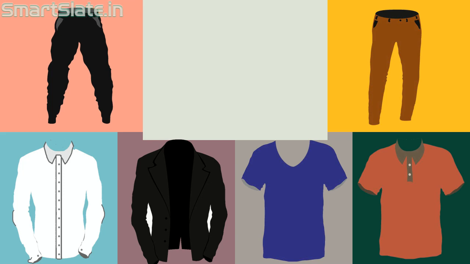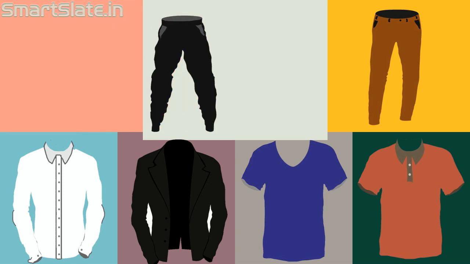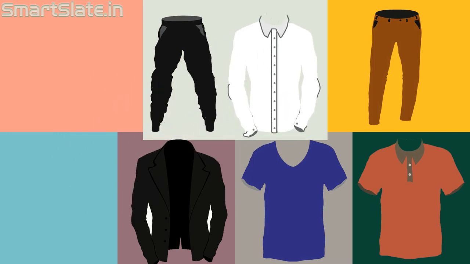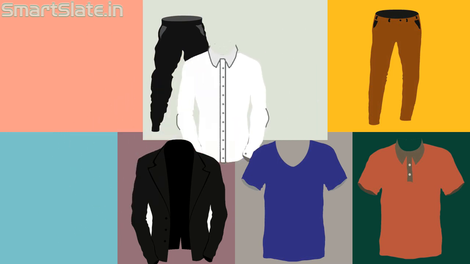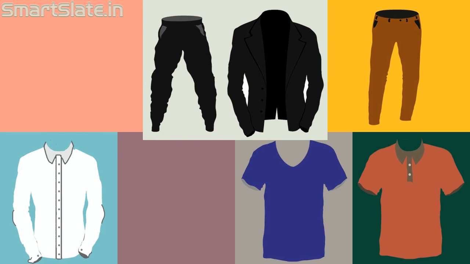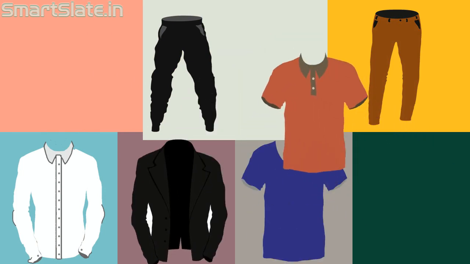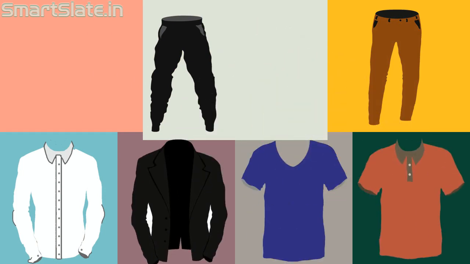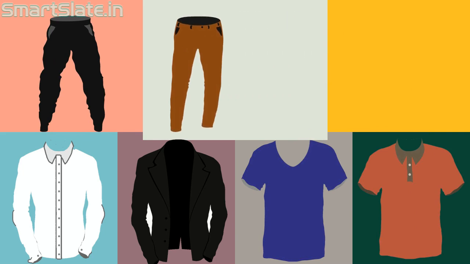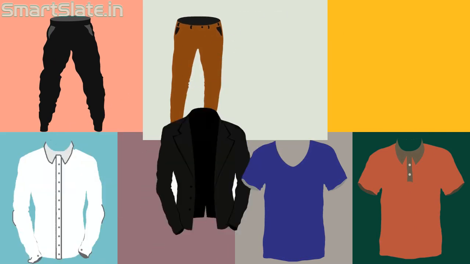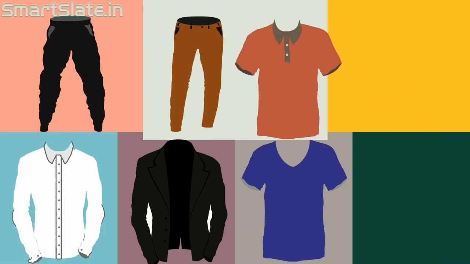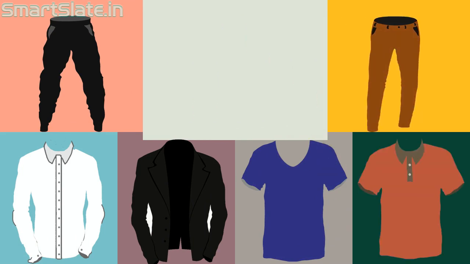You can choose to wear the black pant with a white shirt, or with the same black pant you can choose to wear a black shirt or blue shirt or red shirt. Or you can wear the brown pant with either a white, black, blue or red shirt. That is, you have 8 different combinations, which can also be obtained by multiplying 4 and 2, which is 8.